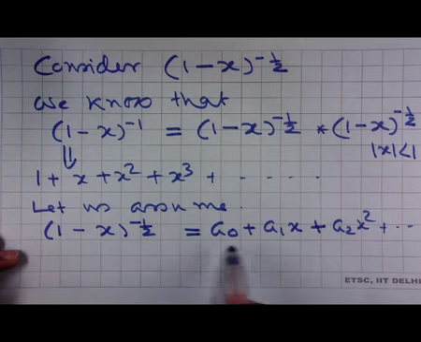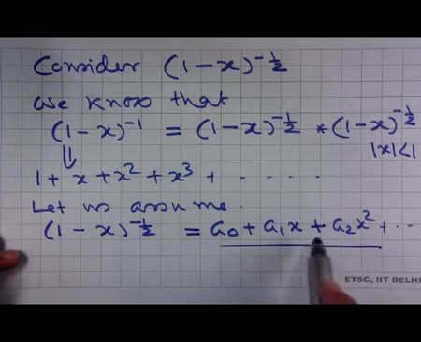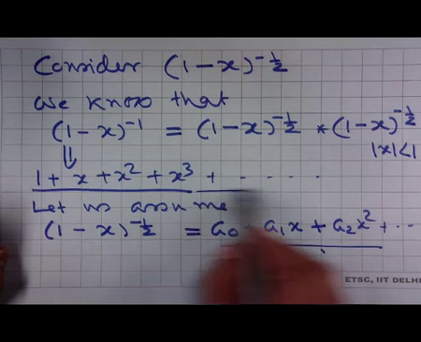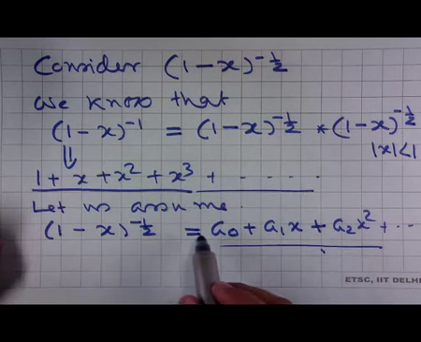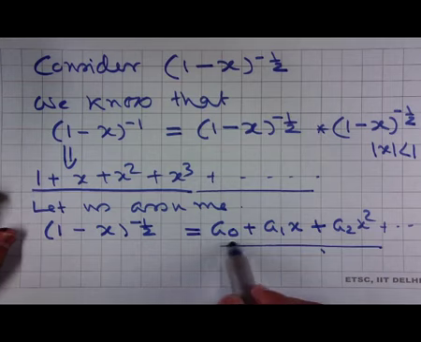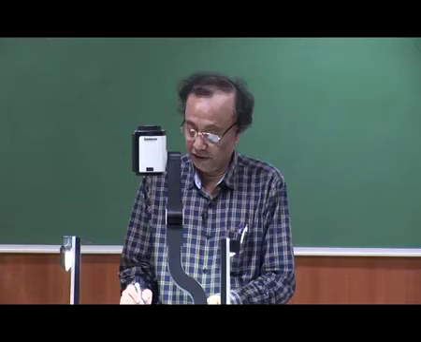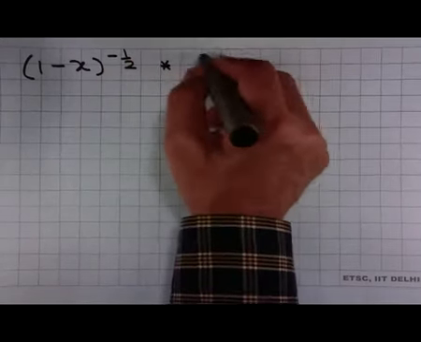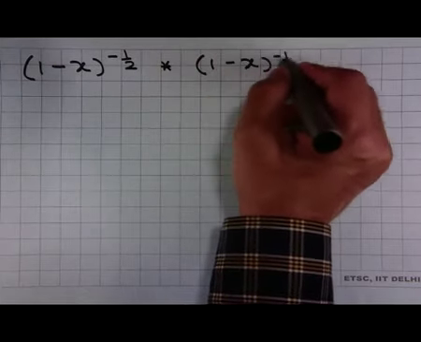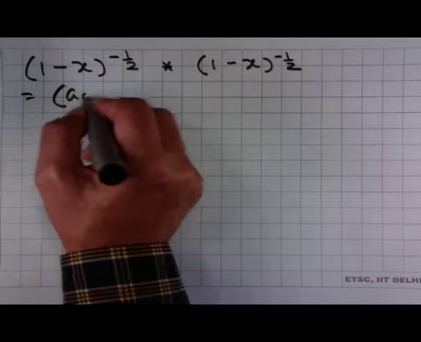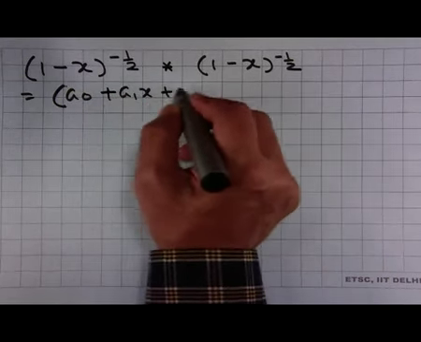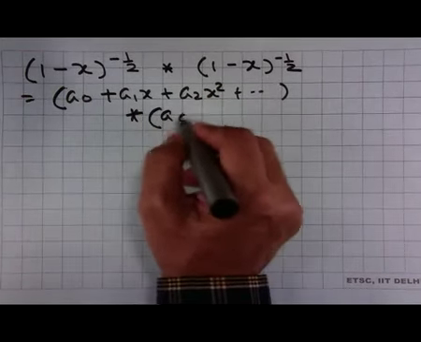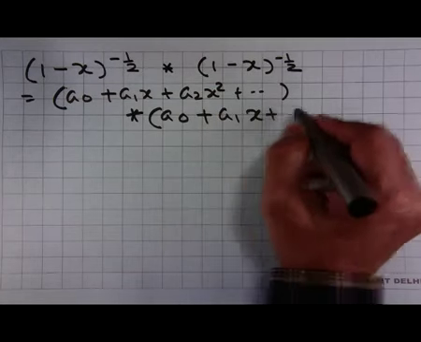Then we can multiply this by itself, and if we equate the coefficients with the series 1 plus x plus x square plus x cube, then we will get different equations, and from there we will try to solve for a0, a1, a2, etc. So, we have a0 plus a1 x plus a2 x square multiplied by a0 plus a1 x plus a2 x square.